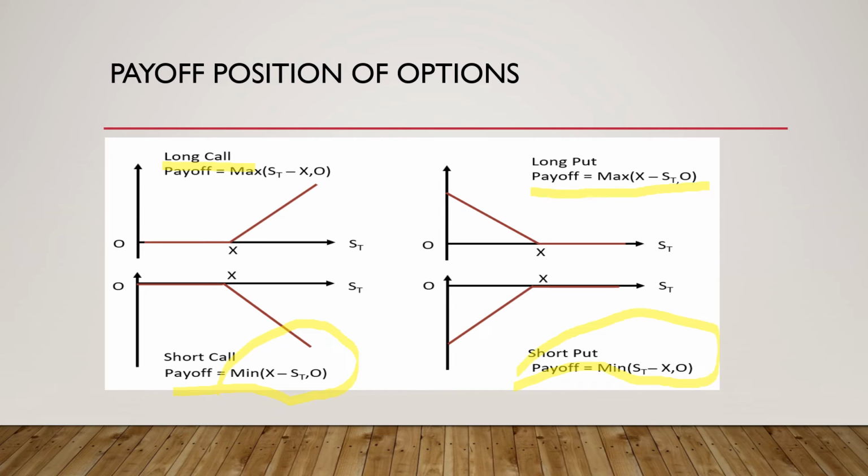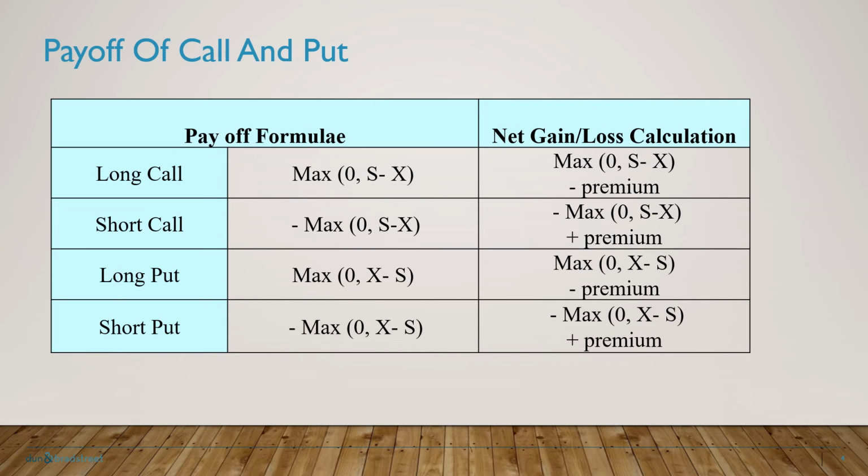Can we put this formula in a different way? Yes, we can definitely put this formula in a different way also. Let me put it in the form of a grid and a structure. If you want to arrive at the payoff and the profit, you first take note of these four formulas. The first formula says that long call payoff is max of 0 comma S minus X. Here S is the spot price and X is the strike price.